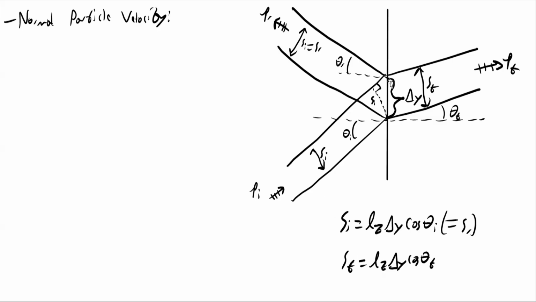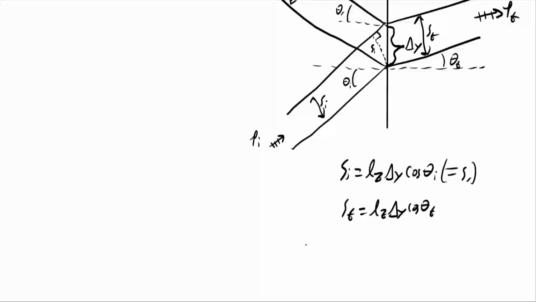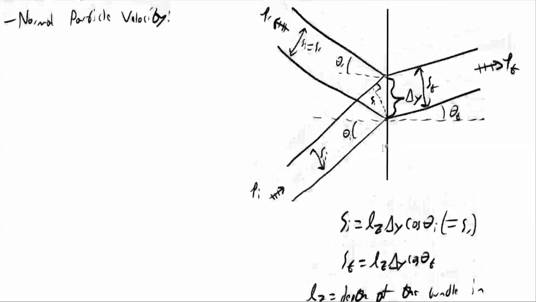And it's an area, not a line. That's where LZ comes in. LZ is the depth of the bundle in the Z direction. Not very interesting, but it makes the units check out.